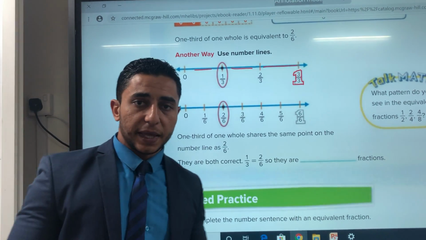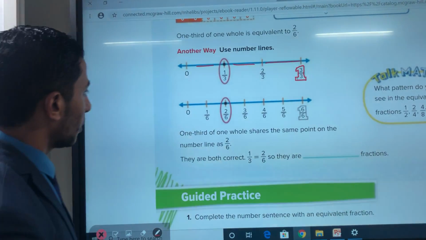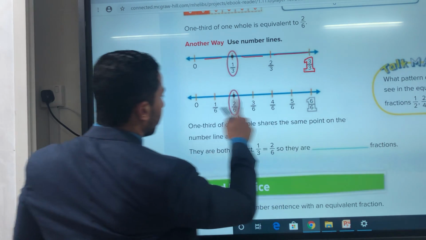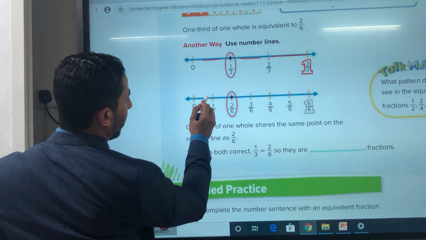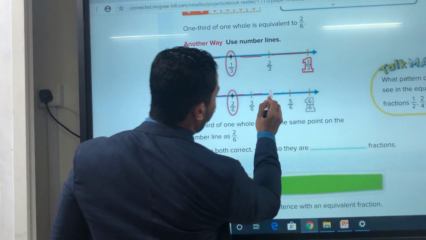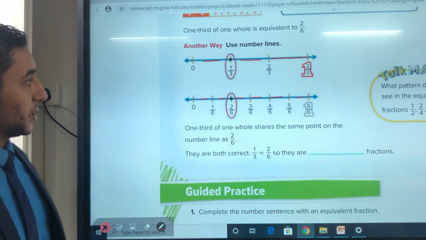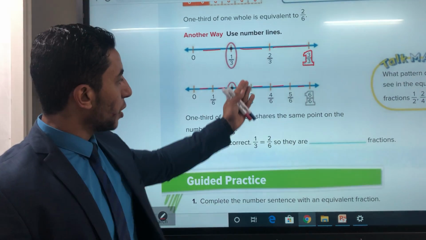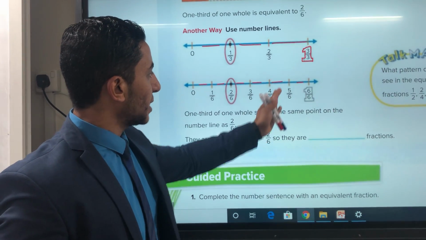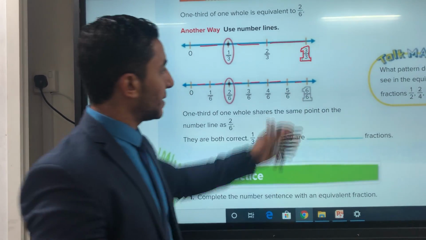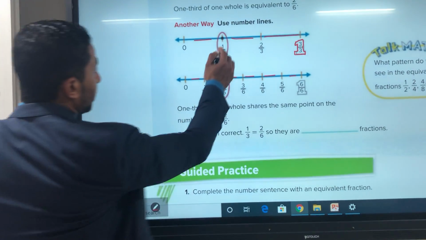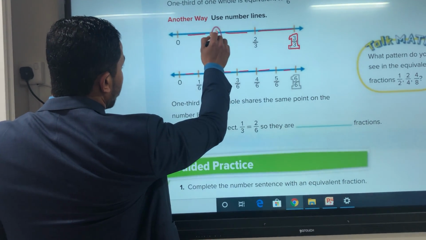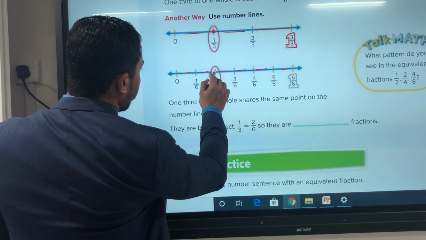Any number by itself is 1. And on the same number line, I divided into 6 equal parts: 0 over 6, 1 over 6, 2 over 6, up to 6 over 6, which equals 1. If you look at the location of this point, it's the same here.